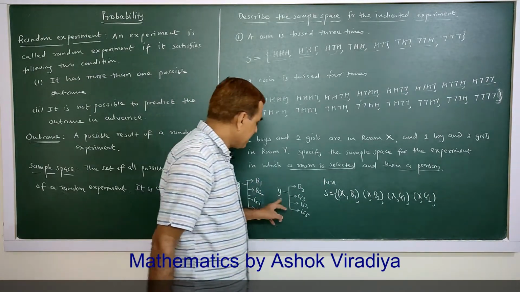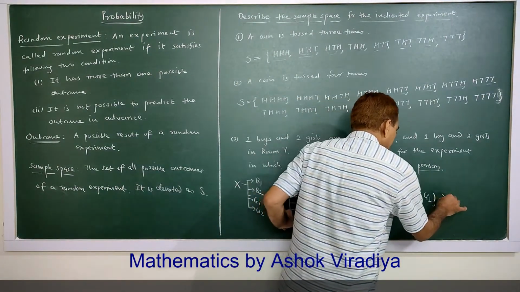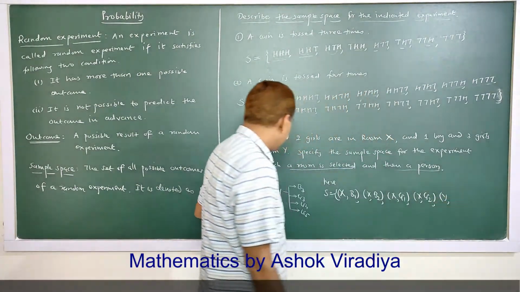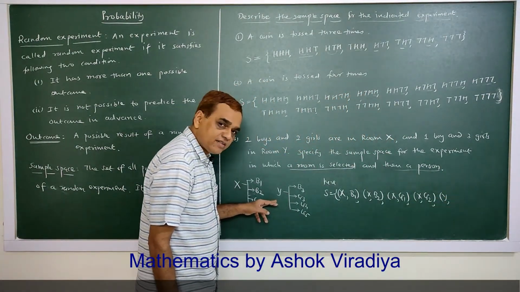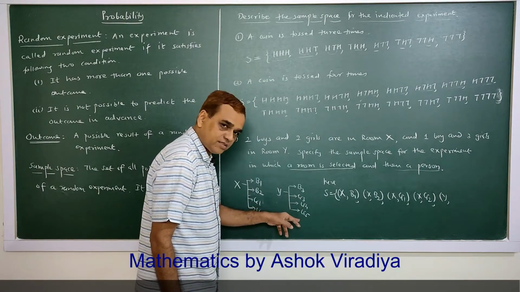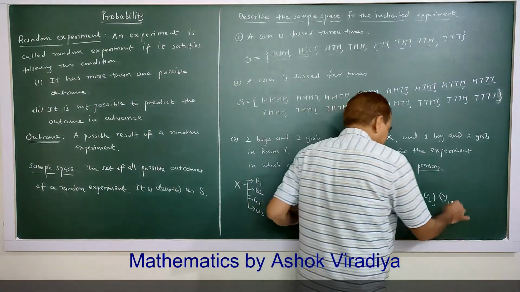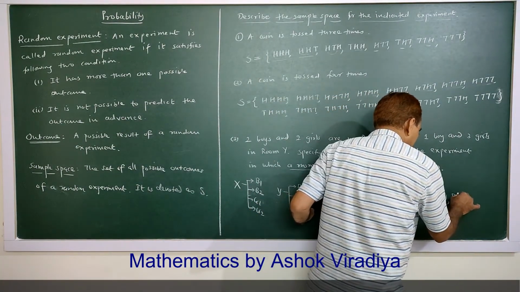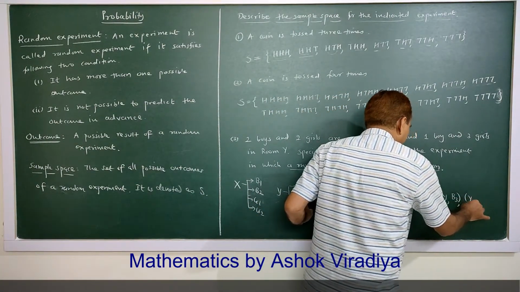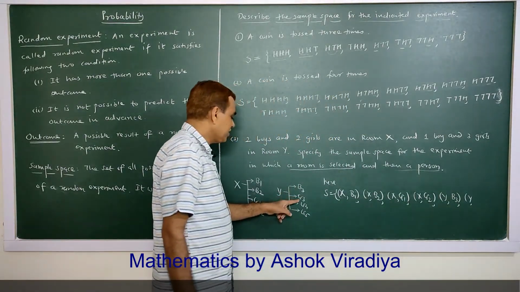Now the second possibility: if room Y is selected, then select only one person. So from Y select B3. From Y select G3.